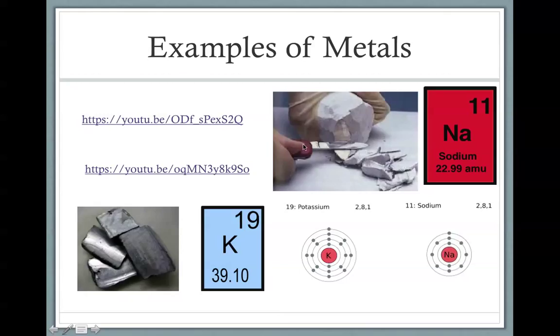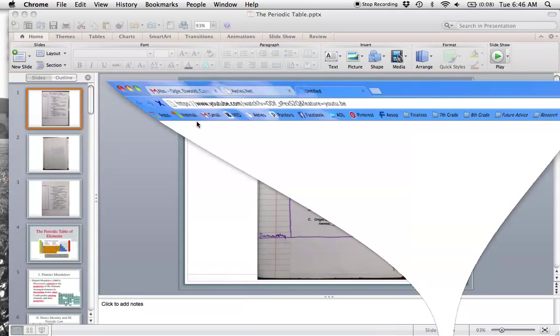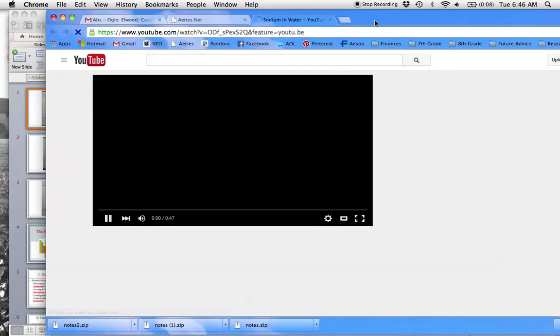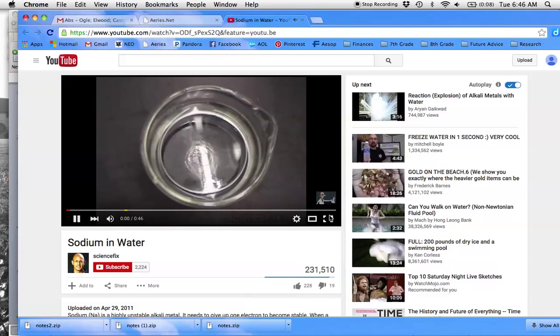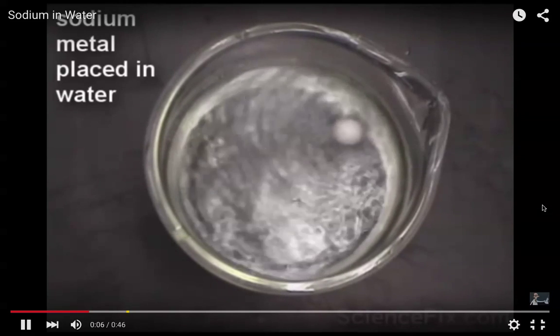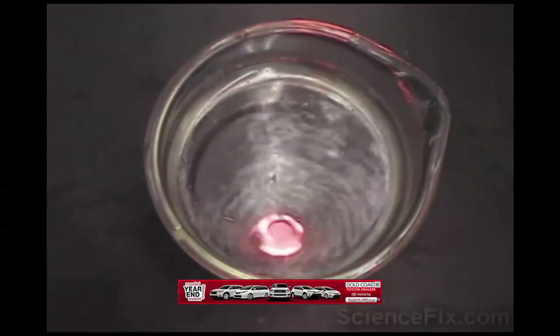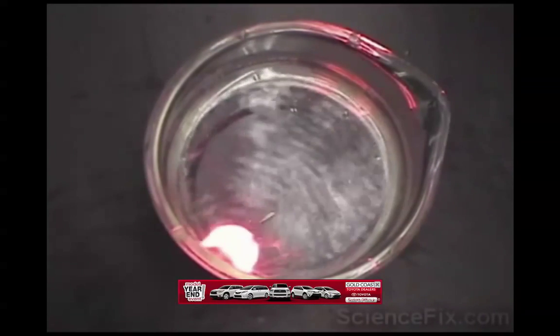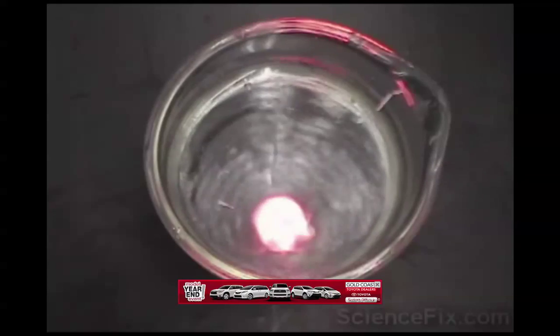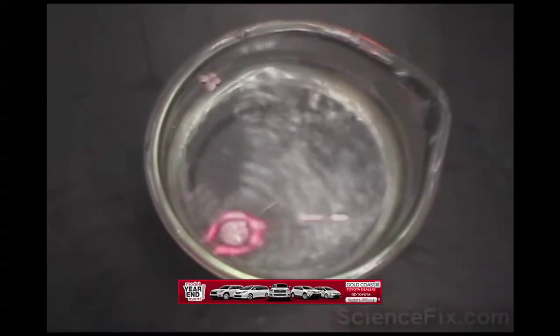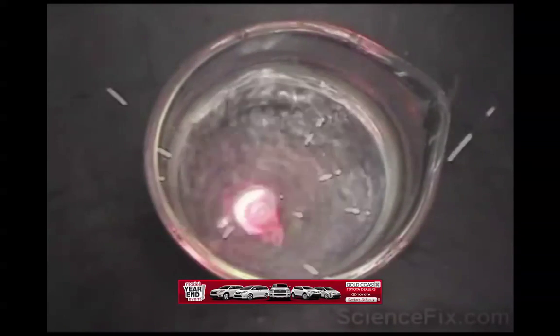So because these guys, sodium and potassium, are unstable, they react with water. So let's see what happens. So just a piece of sodium in water. So an explosion and fire happens in water because the sodium has only 1 valence electron.